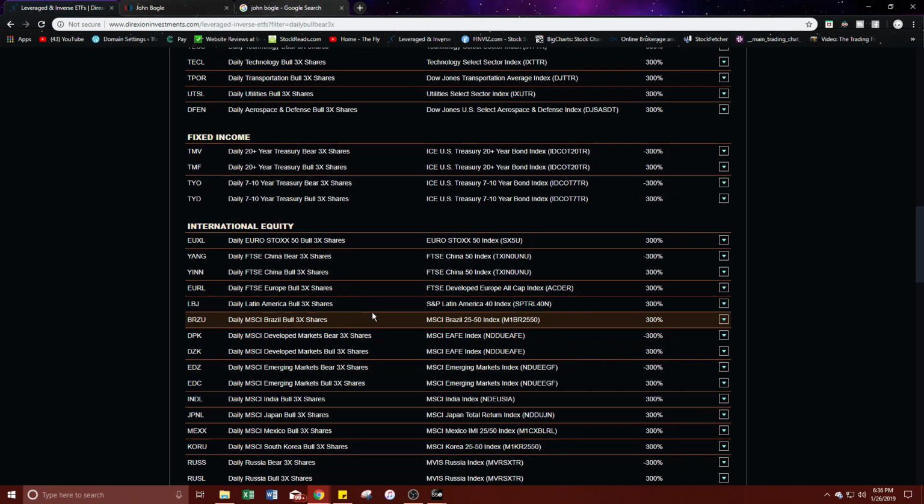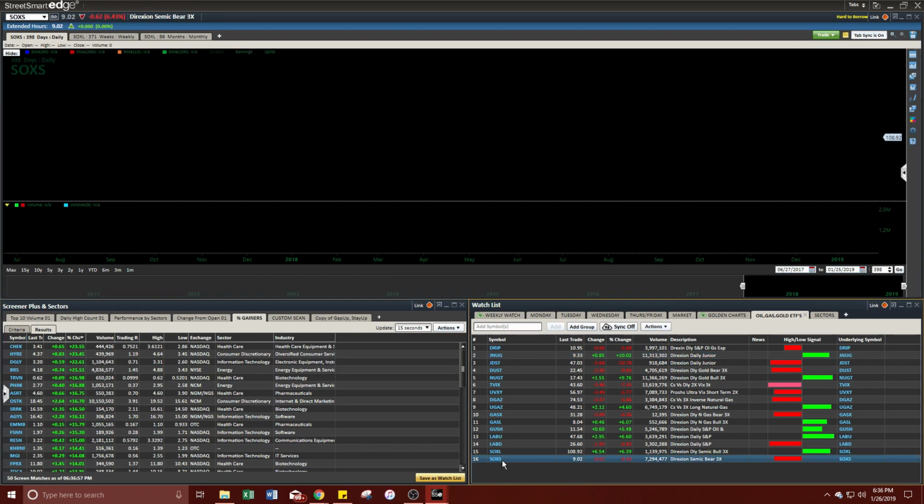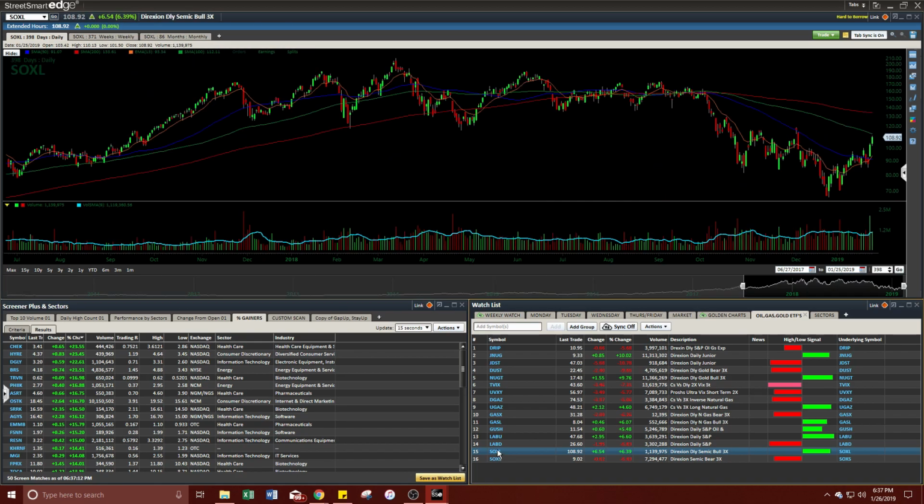Very, very risky because there's no volume in them. Like I said, I just went through and picked out all the inverse ETFs that I wanted to track, and I added them to my list. So whenever I want, every day, I'll go through and check to see what's moving. Is there anything setting up a pattern and setting itself up for a breakout, and compare it with the other inverse ETF to correlate a move.